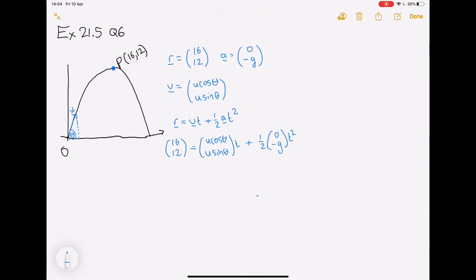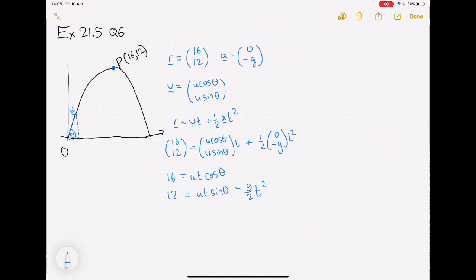If we read off the horizontal and vertical components, we get 16 equals ut cos theta, and 12 equals ut sine theta minus g over 2 t squared.